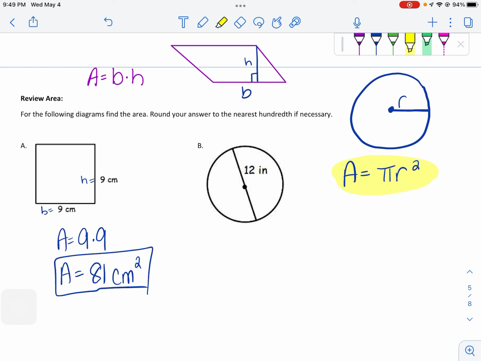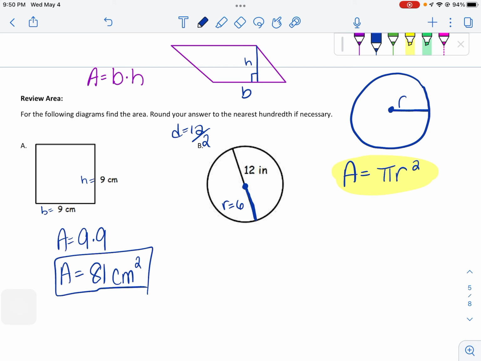So for the area of the circle, we need to use this formula, which means in this circle, I gave you the diameter, so I gave you the total distance. If all the way across is the diameter equals 12, then we have to cut that in half to figure out what the radius is, because I only want halfway for the area formula. So if the whole way is 12, I divide 12 by 2, and I get a radius equal to 6.